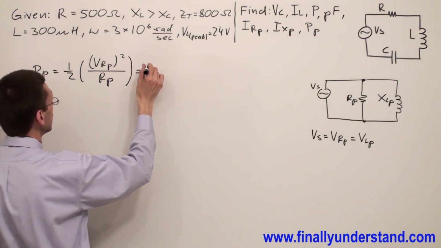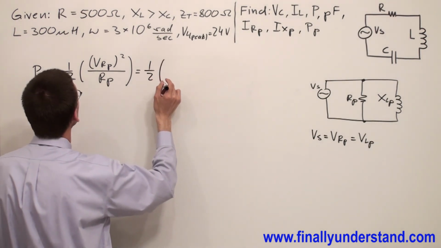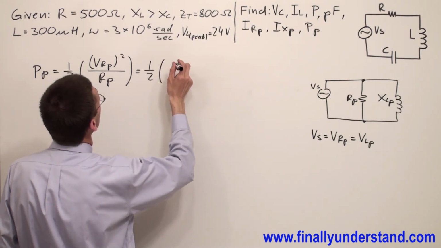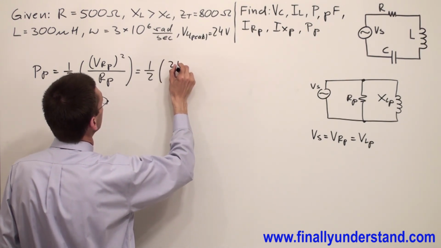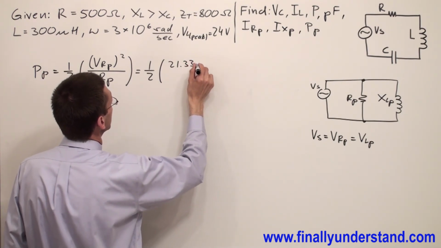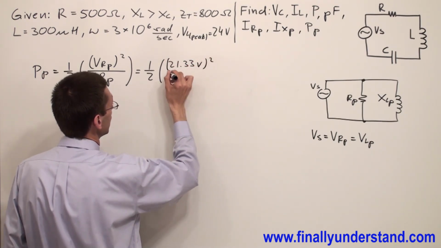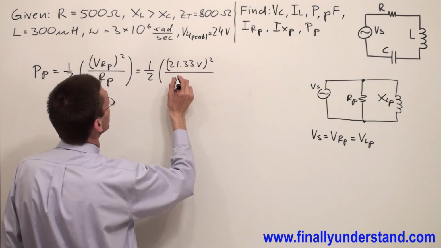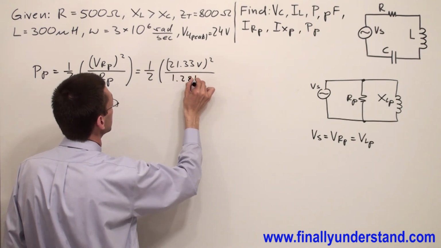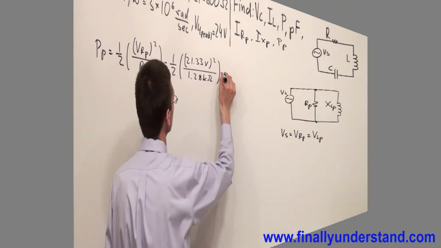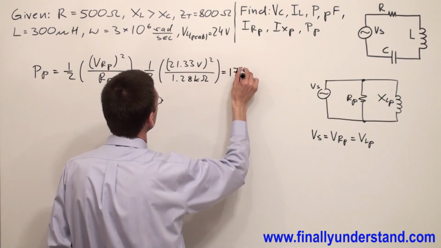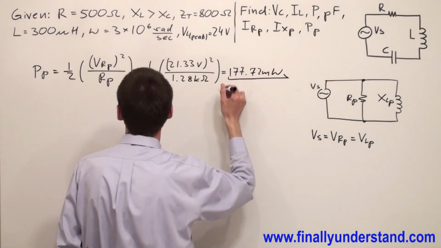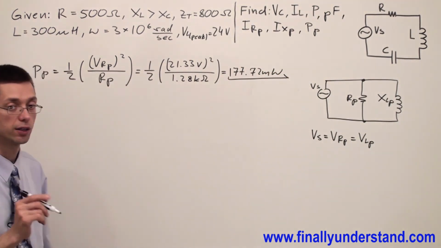This is equal 1/2 times, and we found the voltage equal 21.33 volts raised to the second power over R_P, and R_P we found is equal 1.28 kiloohms. This is equal 177.72 milliwatts. Okay, so this is the true power in the parallel equivalent circuit.